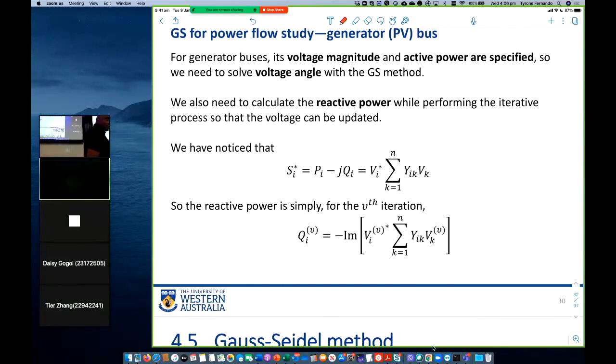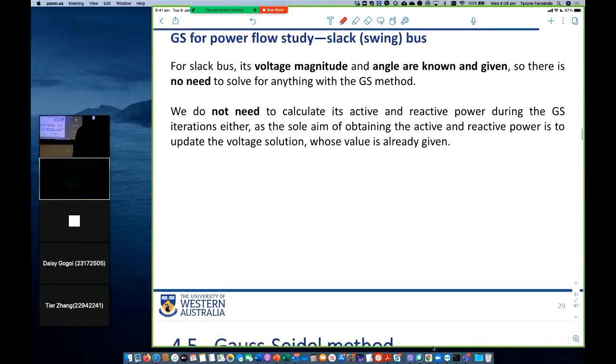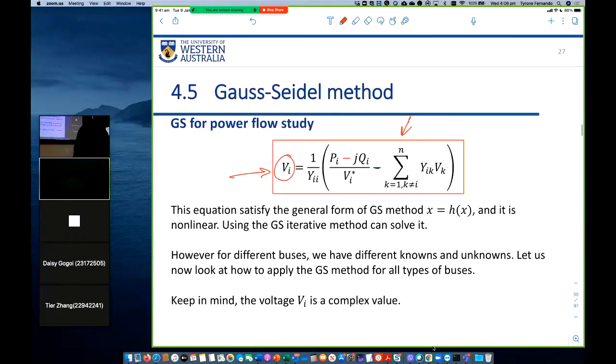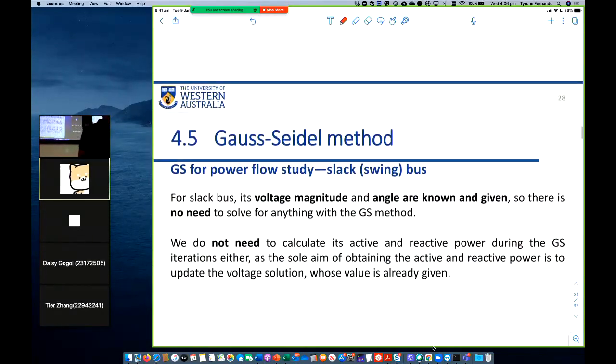At the beginning we have an initial random guess, but beyond that we have the answers coming from our iteration. We can calculate that, so that's what we will use for a generator bus when we try to use this equation.